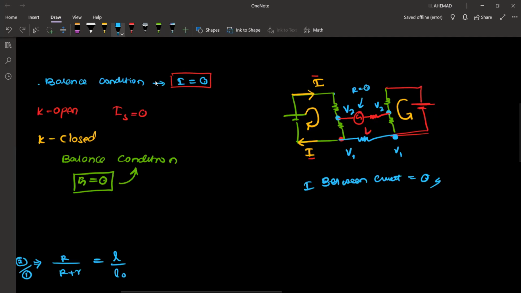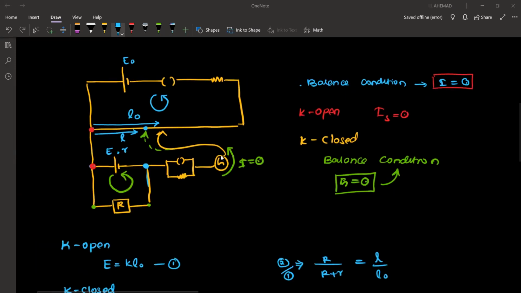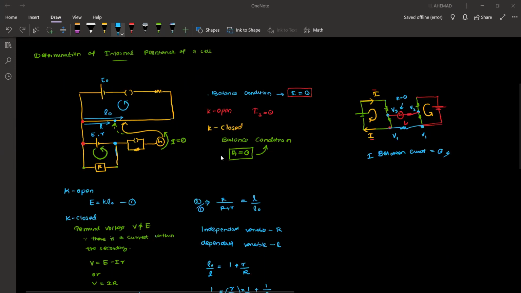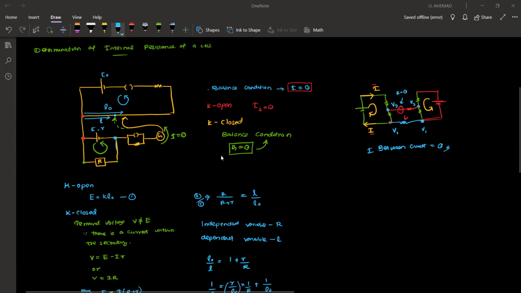Now, look, it is the same circuit here. It is the same setup here. No difference. Here you have a primary circuit and this is a potential divider. Here you have a secondary circuit and here also you have some potential. When these two potential differences are equal, there is no current flow into this circuit as well as no current flow out of this circuit. But you have separate current flows in each circuit.